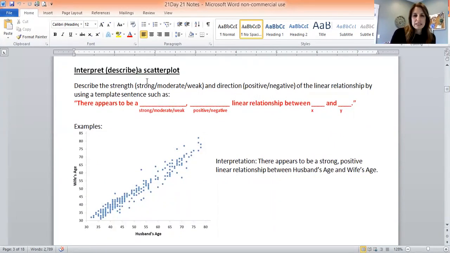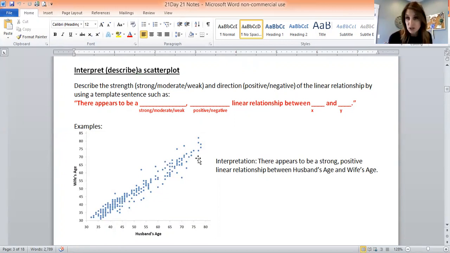When we're looking at something like this one right here, you can see that the trend of the dots is increasing, right? As my x is increasing, y is also increasing. That means I have a positive slope. So I can say that there appears to be, now I need to say if it looks strong or moderate or weak, I think this appears to be pretty strong, actually.